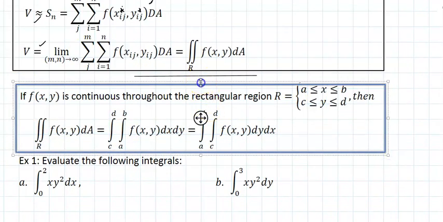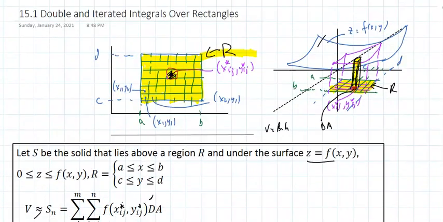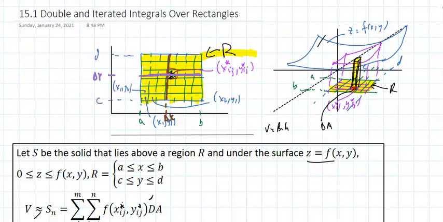If f is continuous, that's the only condition throughout the rectangle, then the double integral, remember, with any area I could take a delta x or I could take a delta y, just like you did in 5A, if you remember, or your 1140 class.